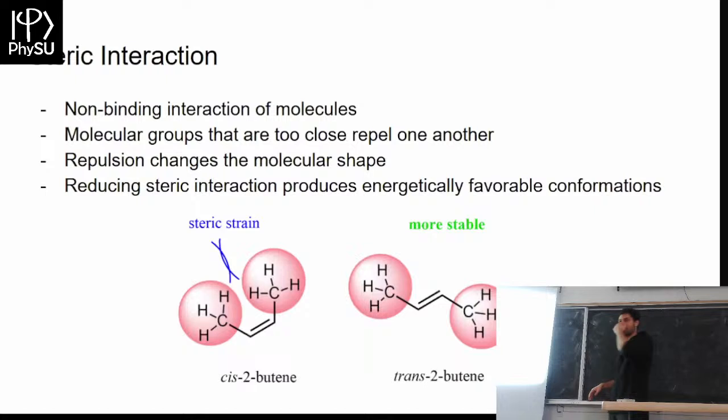Steric interactions are non-binding interactions between molecules, the repulsion and interaction of the surrounding electrons or electron orbits of individual molecules. Of course, here we have butane as a classical example. Here we have this conformation in which both C groups are on the same side.